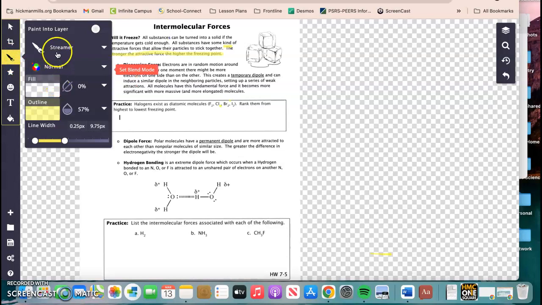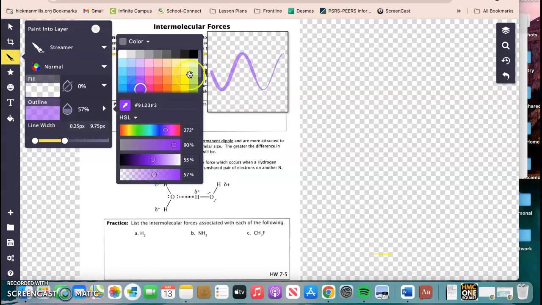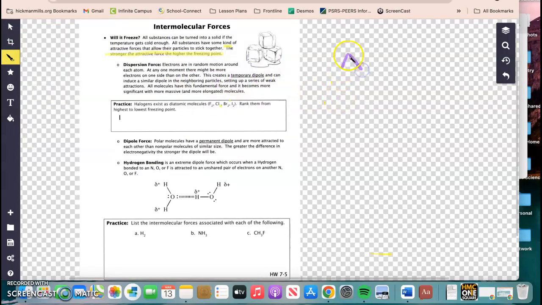When I say dipole, I am referencing that arrow that we were drawing with our polar molecules, showing where the force is more attracted to. With that temporary dipole, it creates a domino effect on neighboring particles, setting up a bunch of weak interactions between the molecules.